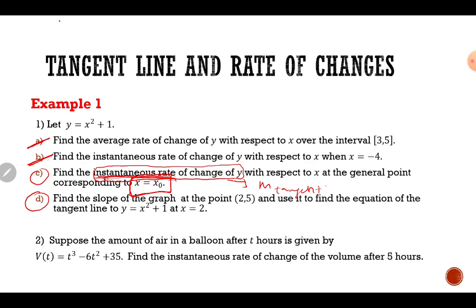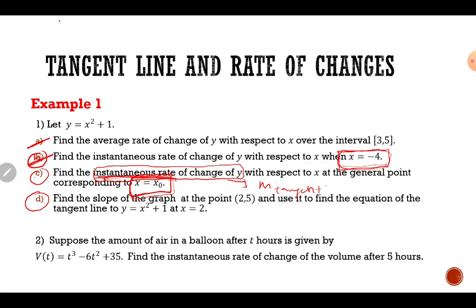We discussed this in our last class, actually almost the same as B and C, but for B it states the value of x we want to determine, the instantaneous rate of change at x equals -4. But here we want to determine its instantaneous rate of change at a general value of x.